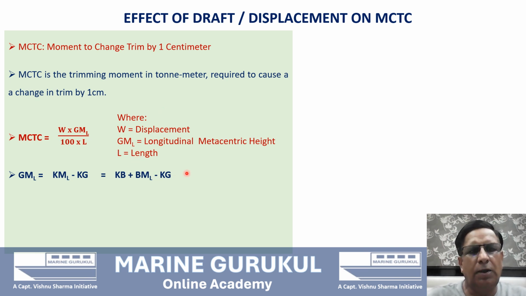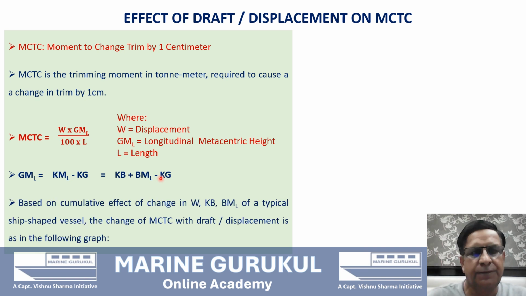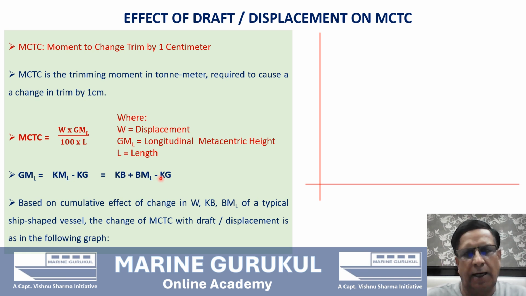Therefore, how MCTC changes with change in draft or displacement will depend upon displacement, KB and BML, their behavior with the change in draft. Based on the cumulative effect of change in displacement, KB and BML of a typical ship-shaped vessel like MV Hinship, the change of MCTC with draft or displacement is as per the following graph.